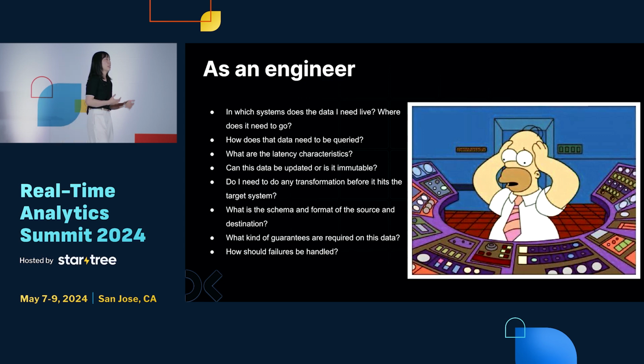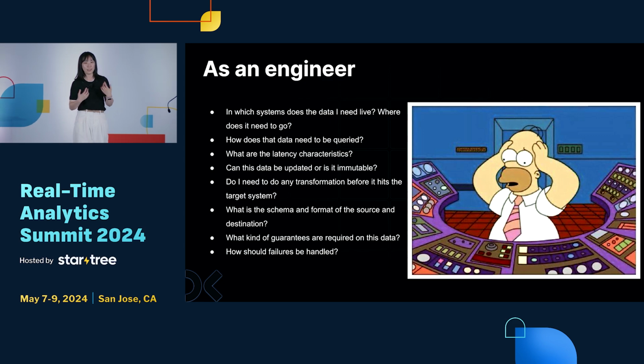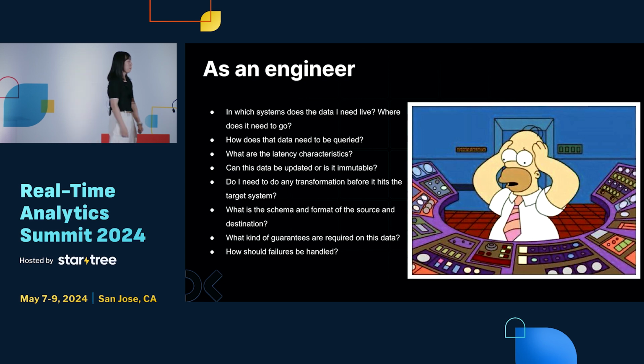So there's always a lot of things going through in the head, and eventually you end up having multiple movement tools because the decision is also made by different people at a different time. So you end up having a lot of data movement tools in-house.